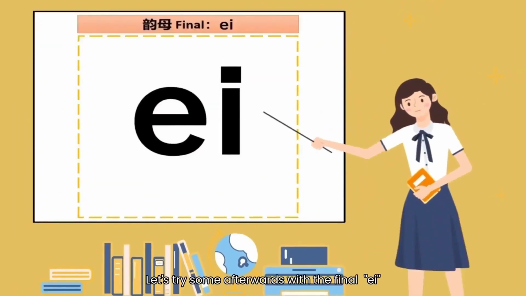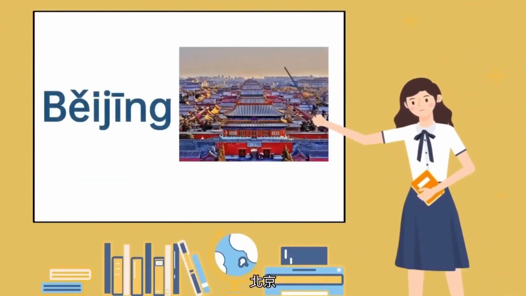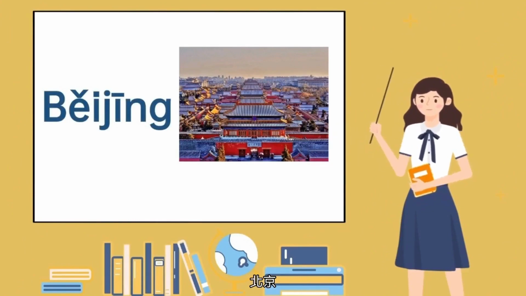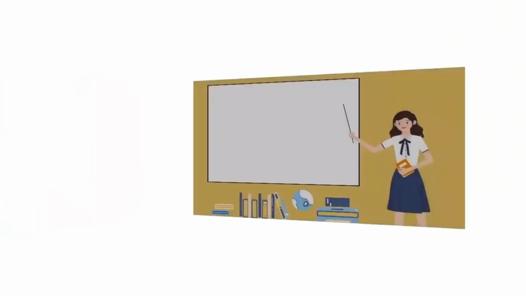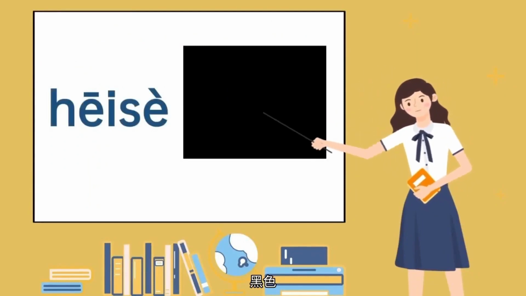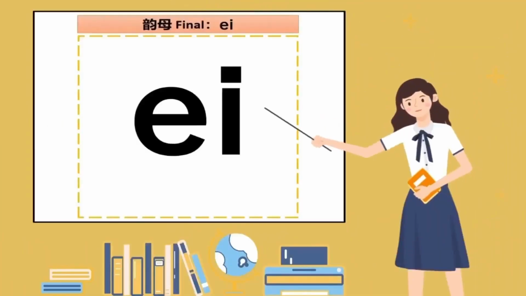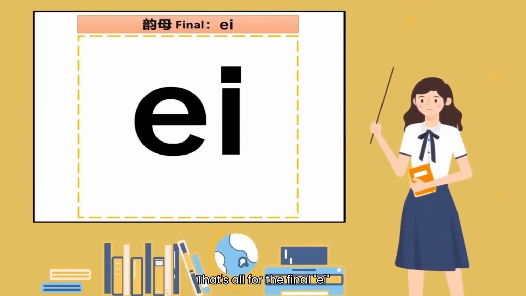Let's try some of the words with the final ei. 北京，北京。黑色，黑色。That's all for the final ei.